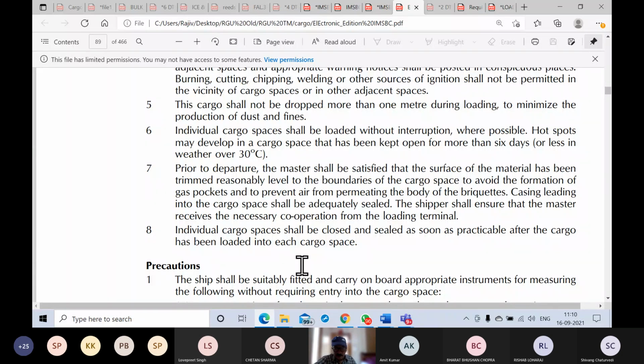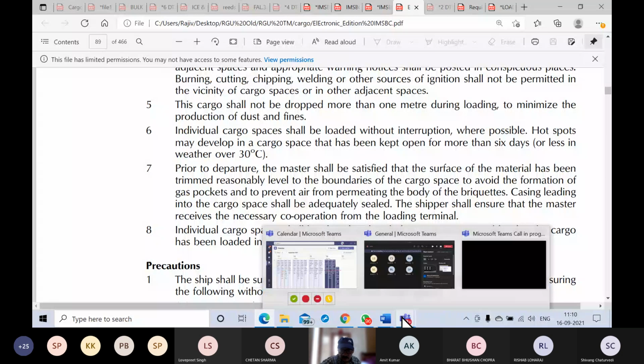Anyway, you can't go through the whole thing individually. We are not doing IMSBC for coal only, right? But this is to give you an idea how to refer to the code.